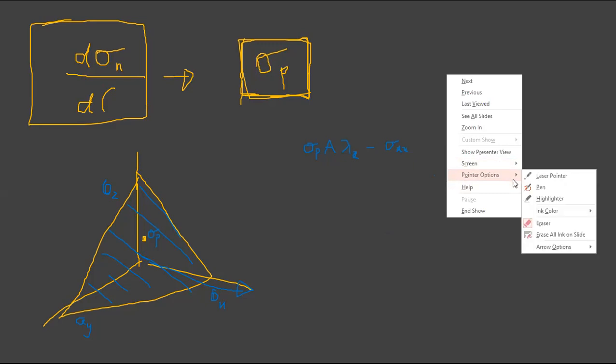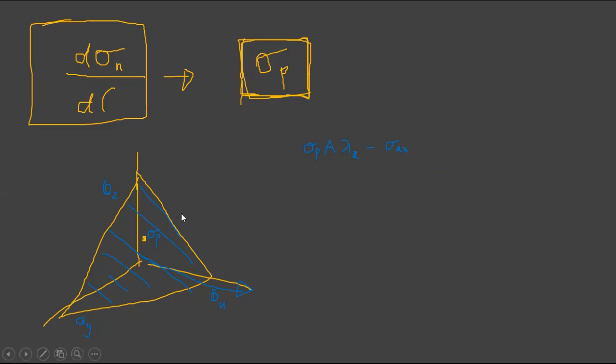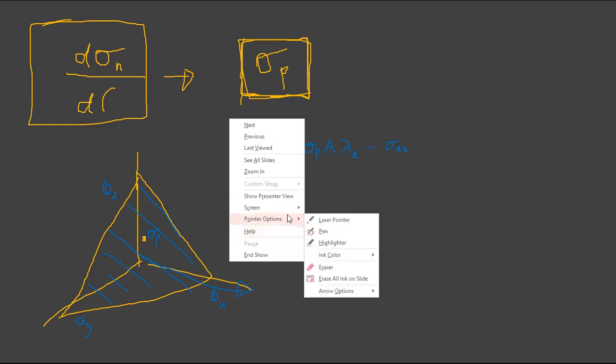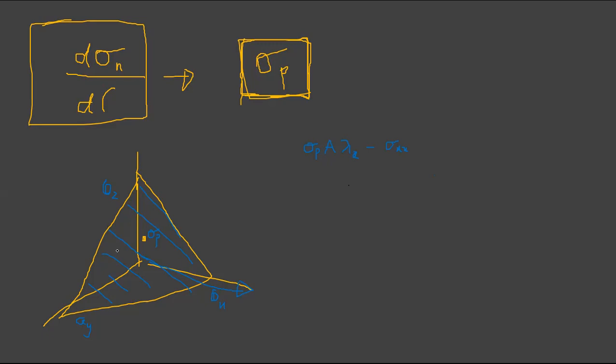So the sigma xx is actually, let's say this. How do I draw that? I don't know whether you will understand. This is the x direction, the plane perpendicular to the x direction, so that will have some sigma x component.